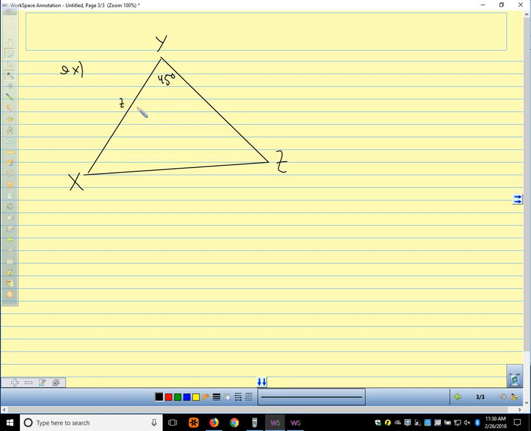This is side Z. Side X, we'll say, is 25, and side Y is 30. So this one we have two sides and an angle opposite. So we can use law of sines. And we want to find the measure of angle X.